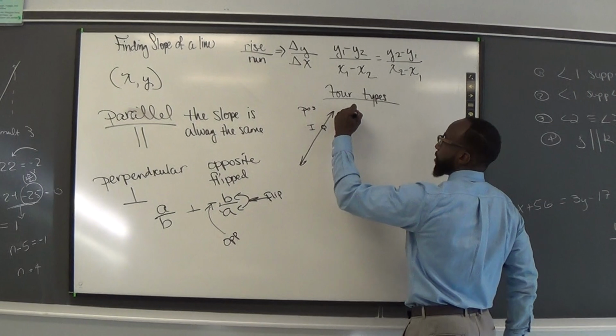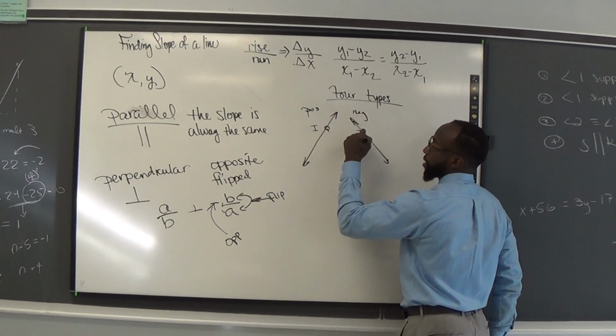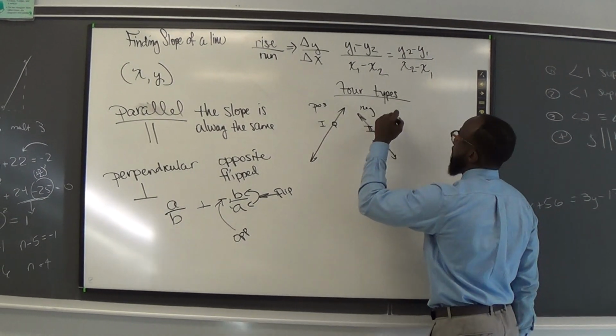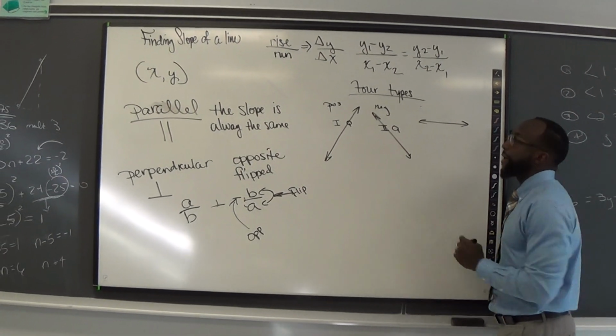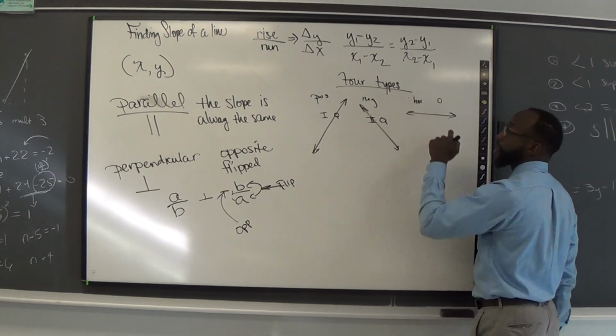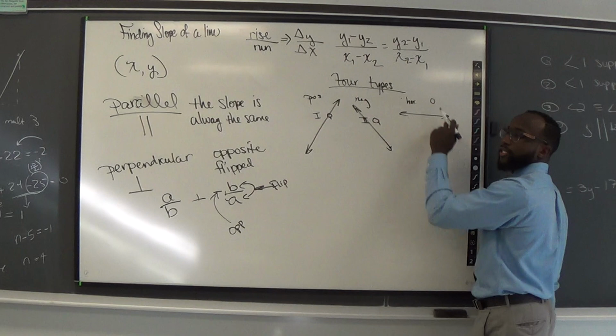If the slope is negative, it's always going towards the second quadrant. If you have a horizontal line, like so, the slope is going to have no rise and all run, which means you're going to have a 0 slope.